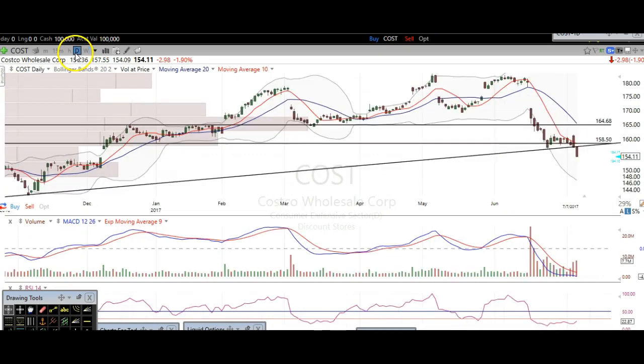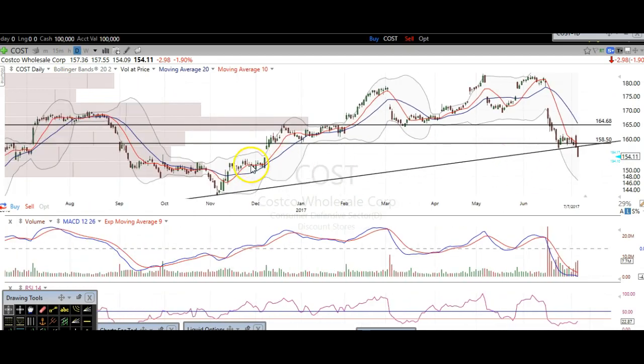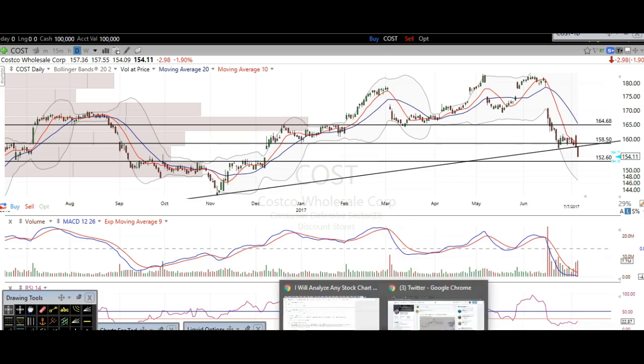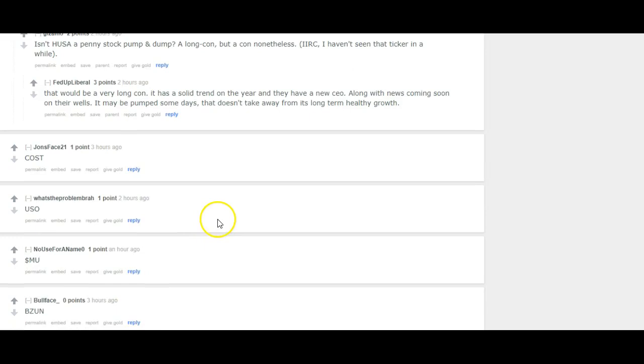So to me, Costco has a lot of work to do, and the near-term support is just below us around 152. So could get a short-term bounce here, but overall, to me, this is not a good-looking stock to buy at the current moment. The next one we're going to be covering is, let's see, USO.